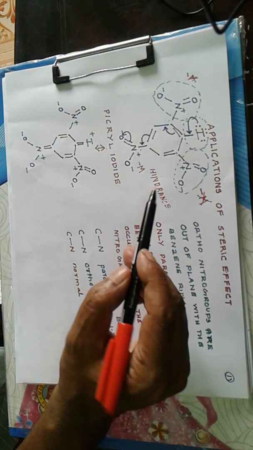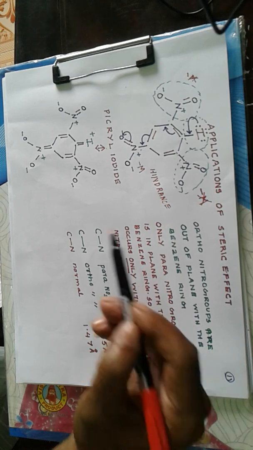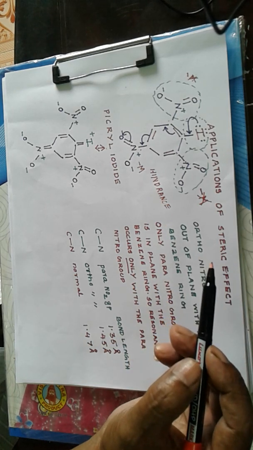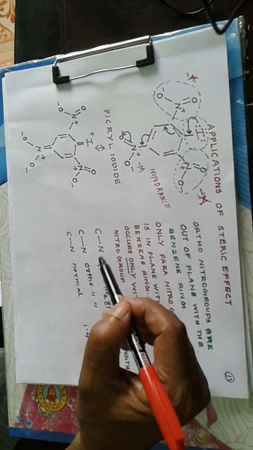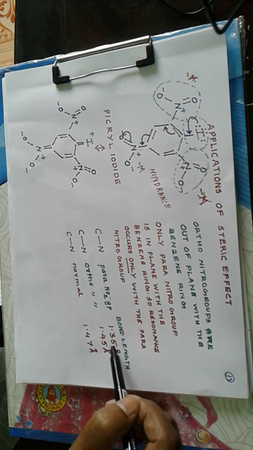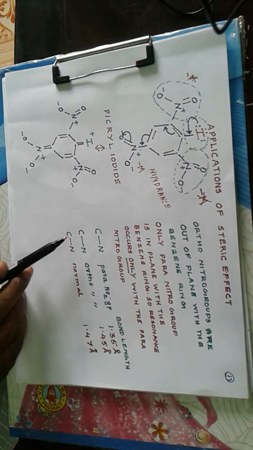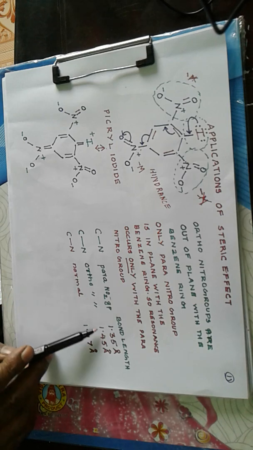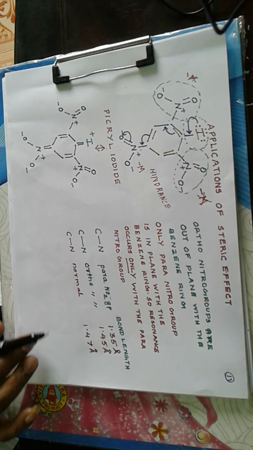So measurement of CN bond lengths in this molecule by experimental studies have shown that for the para-nitro group the CN bond length is 1.35 angstrom, whereas for ortho-nitro groups, the CN bond length is 1.45 angstrom.